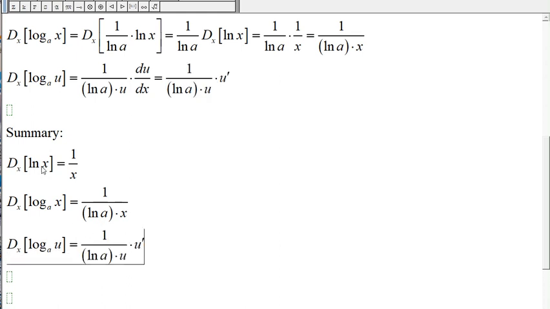So if it's ln, this is the same as log base e. We could also write it like this, log base e.